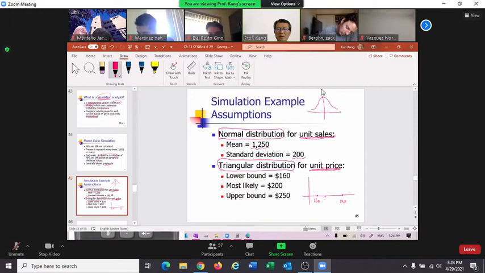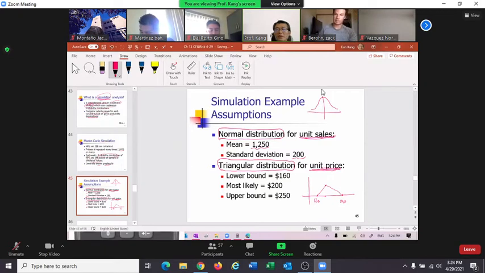Then the probability distribution is, this is the most likely, the highest probability. And this is 160, the lowest. So you connect this one, and you connect this one. Like this.